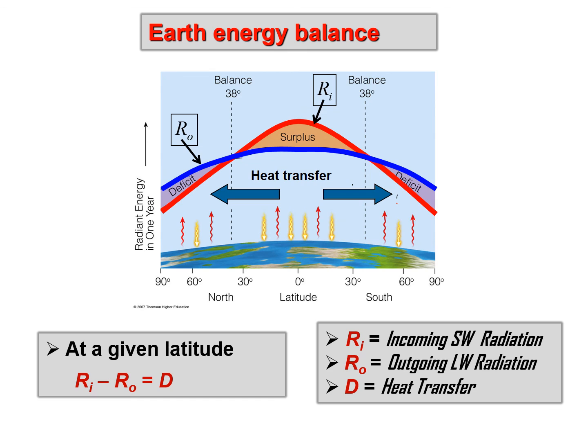That's why it's cold at high latitudes. So energy is transferred from hot to cold, from the tropics to the high latitudes, right? So then you see the jet stream.